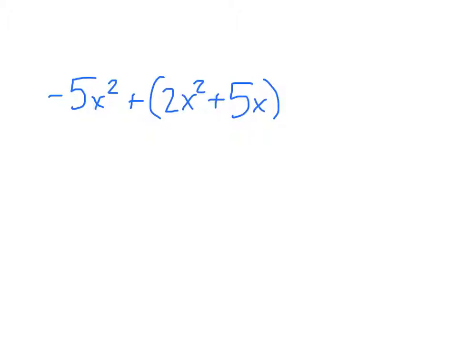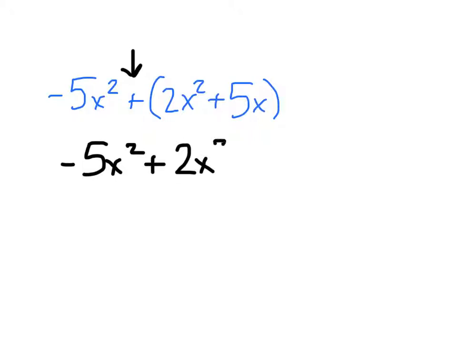If you look here, we have an addition symbol, and then we don't have a -1 or something to distribute out, okay? We're just adding whatever's in the parentheses to whatever's outside the parentheses. So I can really drop the parentheses with this addition symbol.